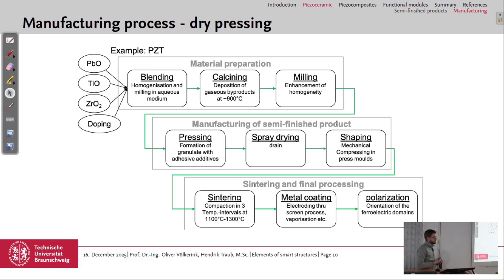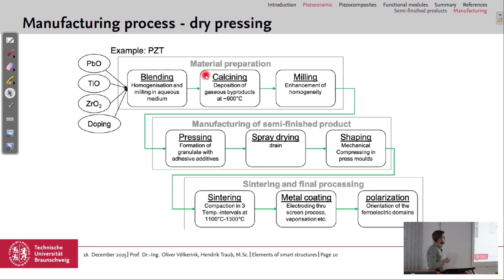One manufacturing process is dry pressing. As incoming products you have lead oxide, titanium oxide, zirconium dioxide, and some doping elements, for example. Then you blend them, homogenize and mill them in an aqueous medium.